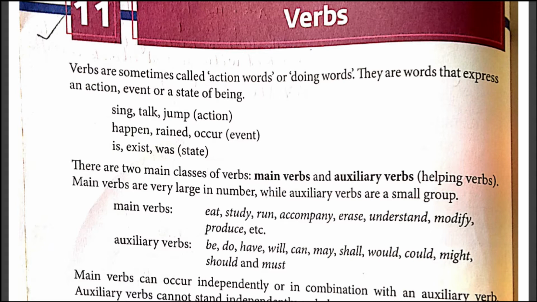In the list of auxiliary verbs, we have be-type verbs. Let's see what they are: be, do, have, will, can, may, shall, would, could, might, should, and must.